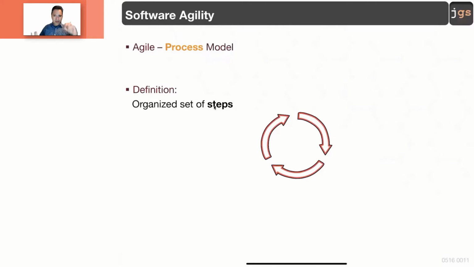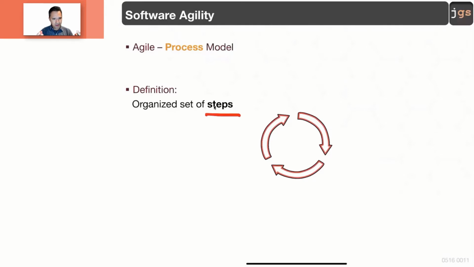Number one, the first thing that we need to do here is the process that we're going to follow. We decide that we're going to follow this agile methodology, so an agile process. Whatever. It doesn't matter the process. We need to understand the steps.